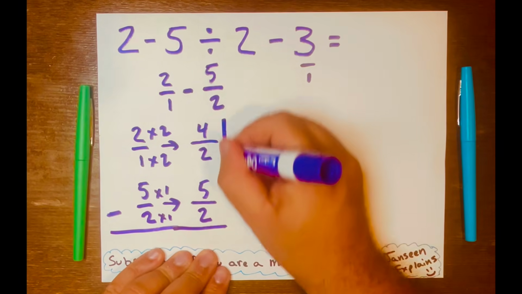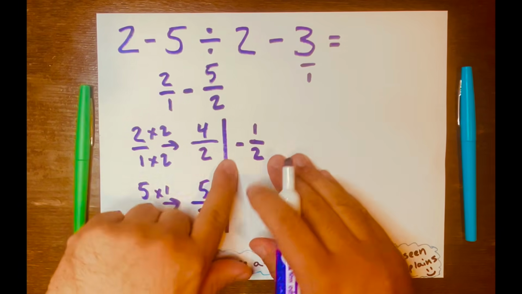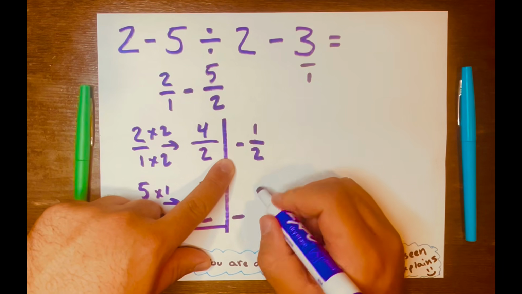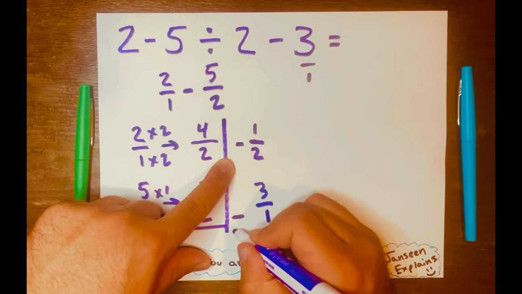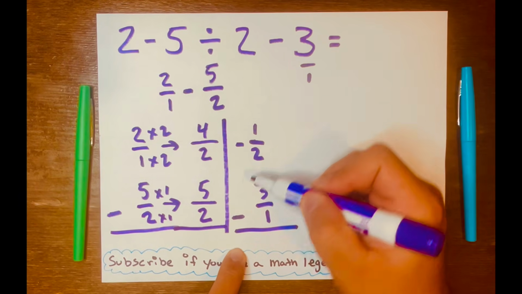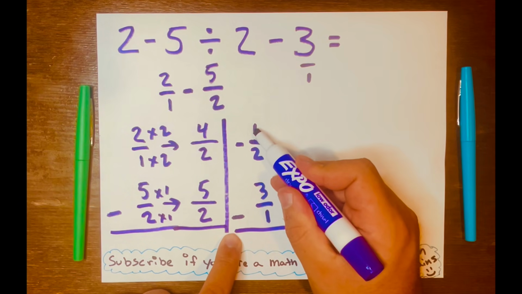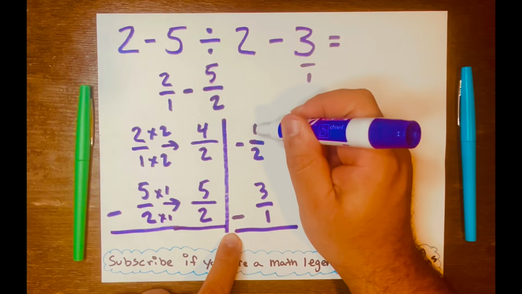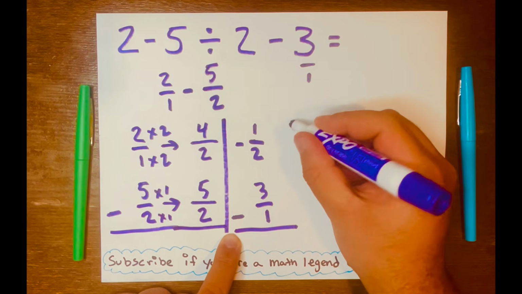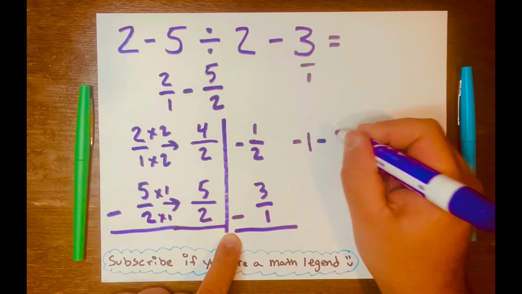And let me just separate these numbers from this, and then we're going to subtract 3 over 1. So it's negative 1 over 2 minus 3 over 1. And we are subtracting negative 1 minus 3. So I'll write it here. Negative 1 minus 3.